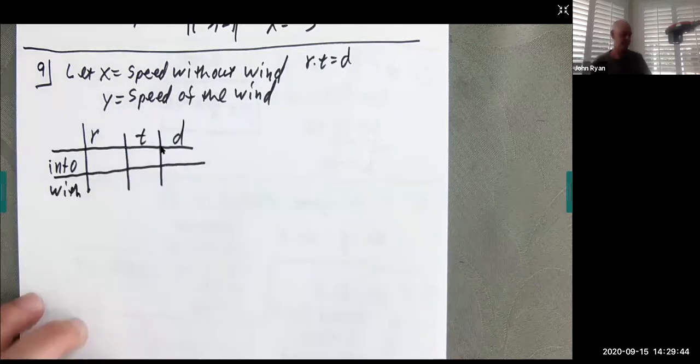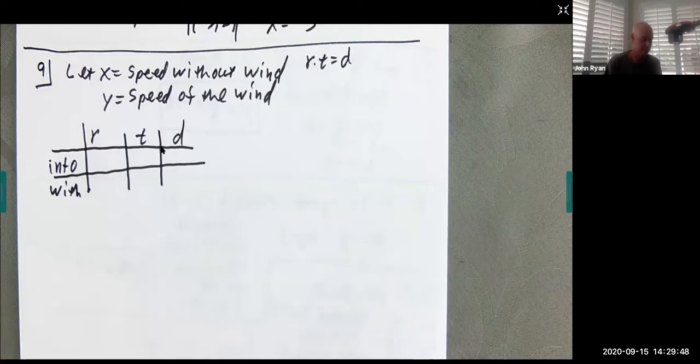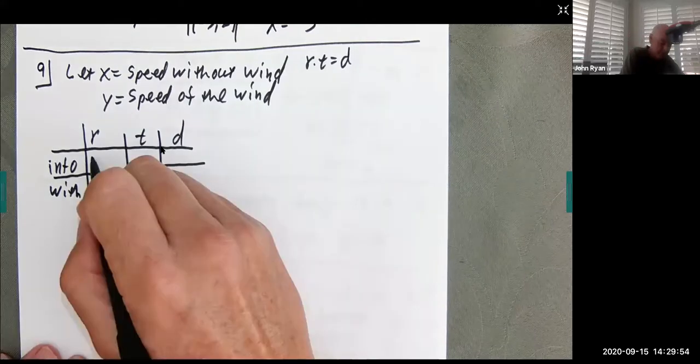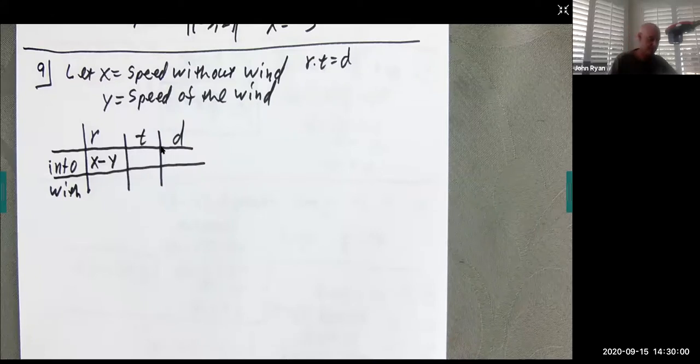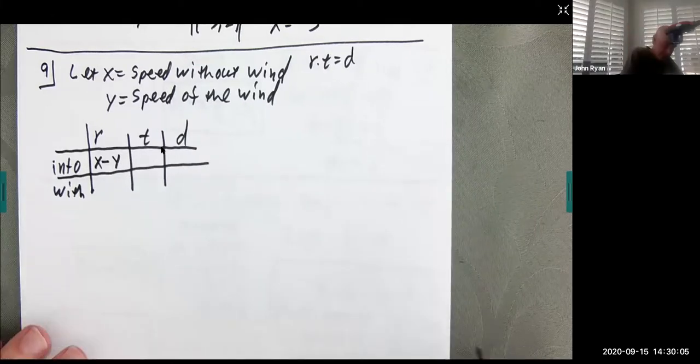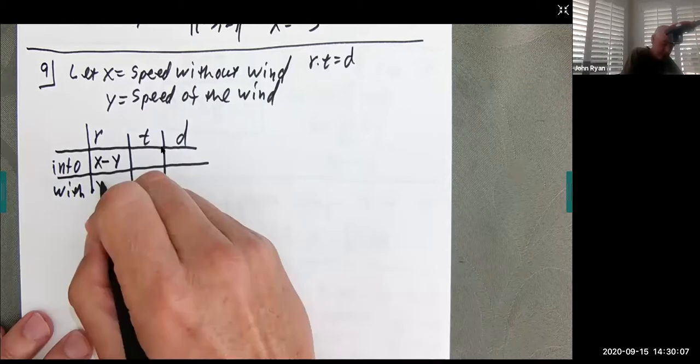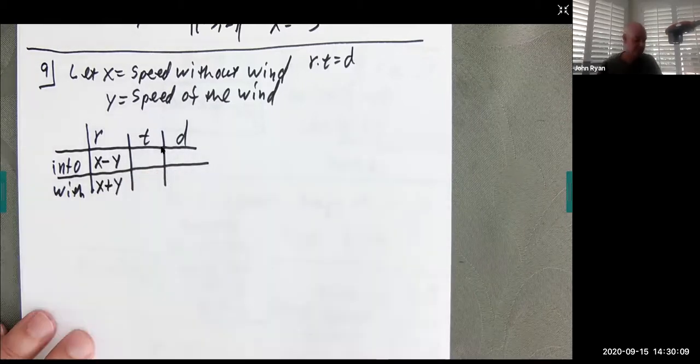Now into the wind means that the wind is slowing them down. So we have the speed of the plane without the wind, and then minus the speed of the wind. So it's slowing down the plane, making it take longer. When the plane is going with the wind, then we have the speed of the plane, and they get the help with it.